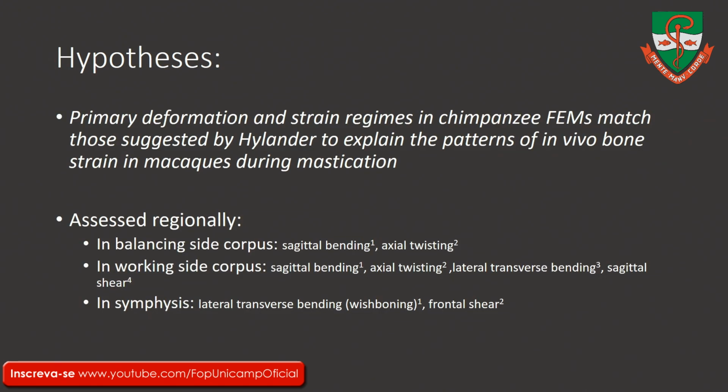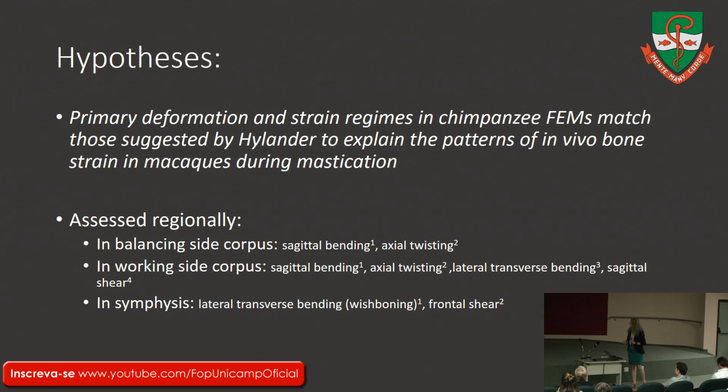So, the hypothesis I'll be addressing today is looking at whether the primary deformation and strain regimes in chimpanzee FEMs match those suggested by Hylander to explain the patterns of in vivo bone strain in macaques during mastication. And I'm going to assess these regionally. So I'll talk about the balancing side corpus, the working side corpus, and the symphysis. In the balancing side corpus, Hylander predicted sagittal bending and axial twisting, and I'll be addressing those.